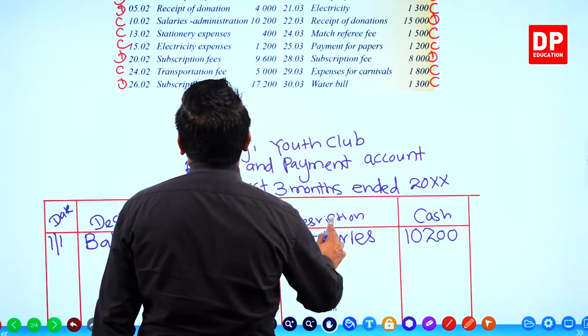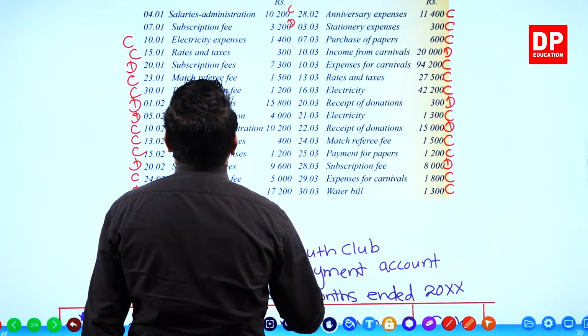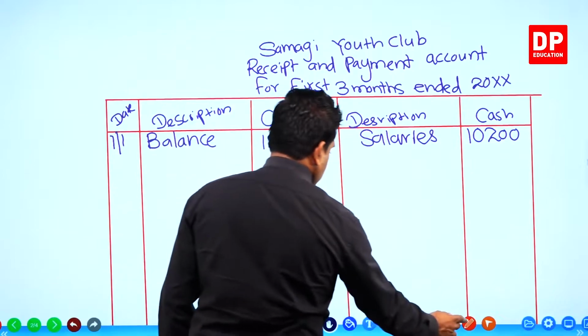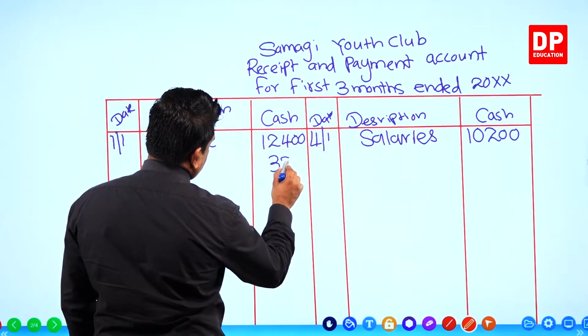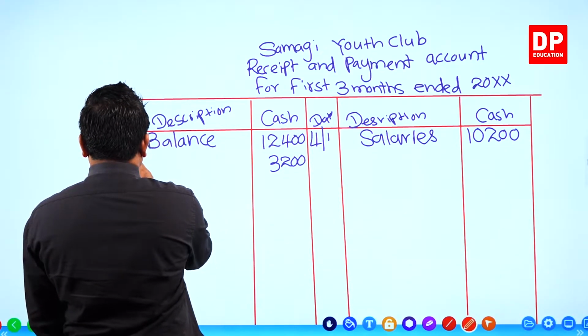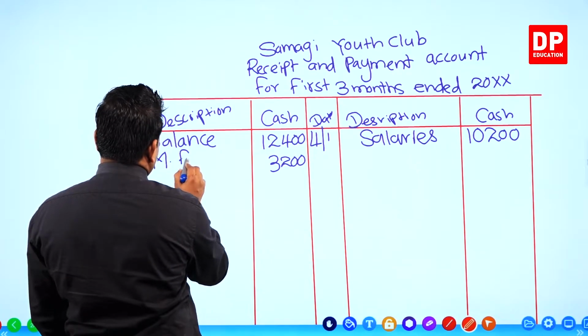Then 1,700 subscription. Here you can put as membership fees, right? M fees.